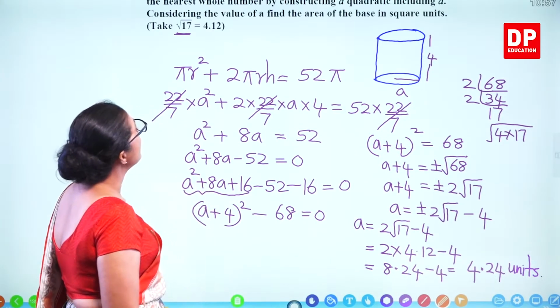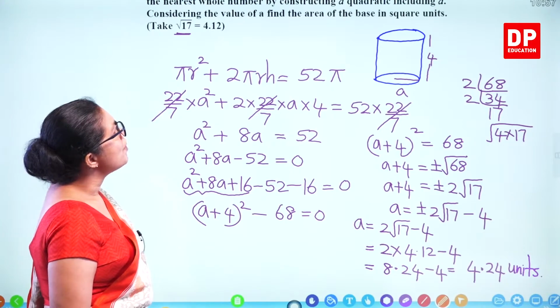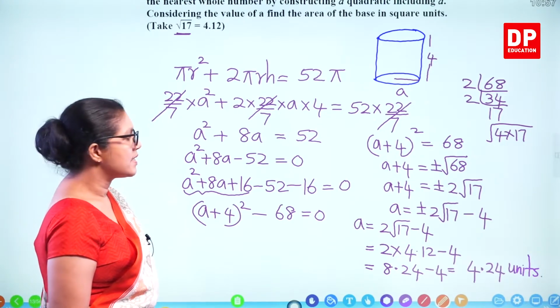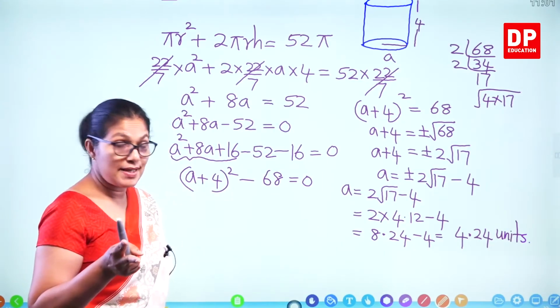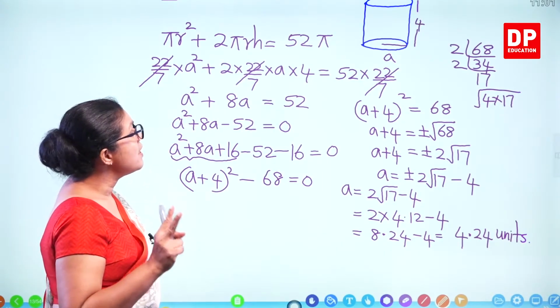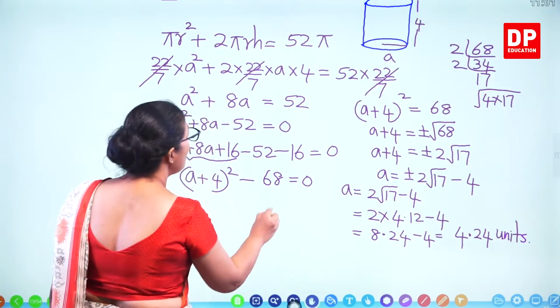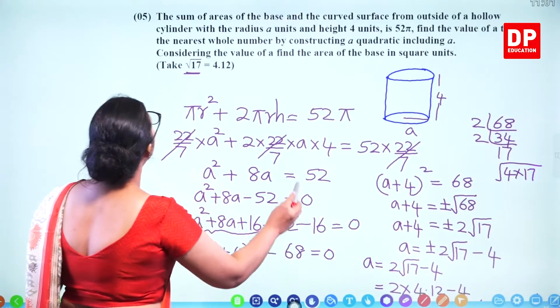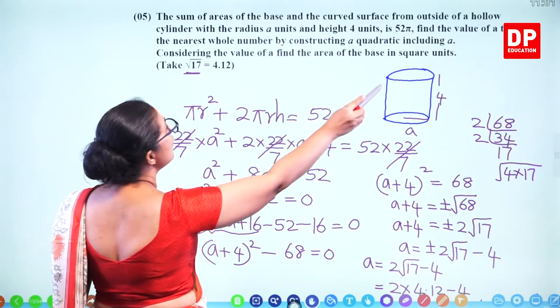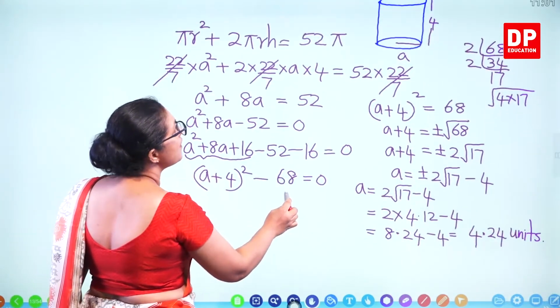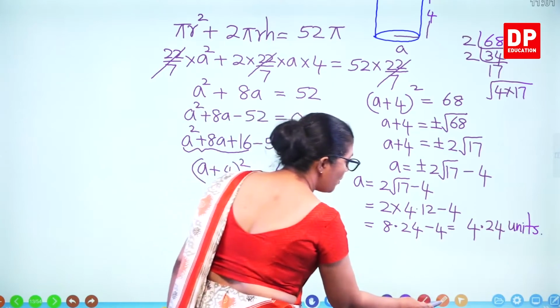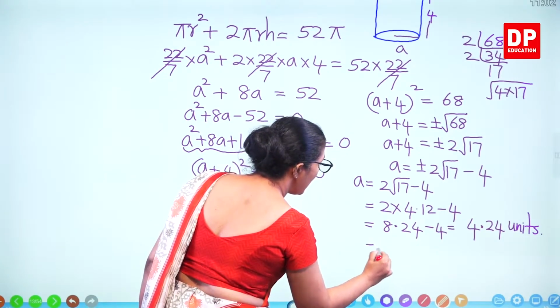And you need to find out the area of the base in square units. Now this value is correct to 2 decimal places, but they want it to the nearest whole number. Find the value of A to the nearest whole number and then find the area of the base. So what's the value for A?